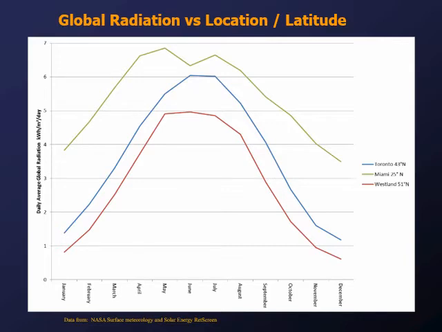Global radiation is something that changes depending on where you are on the Earth. Obviously, the closer you are to the equator, like here it's Miami, you have a lot more light, a lot more radiation. And in Toronto, it's moderate, right? And in Westland, which is a greenhouse region of the Netherlands, it's not as bright. They have a little less light.